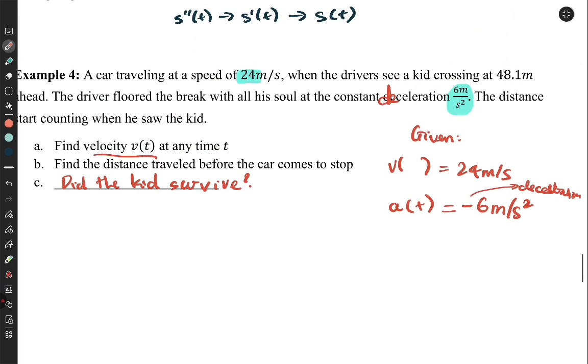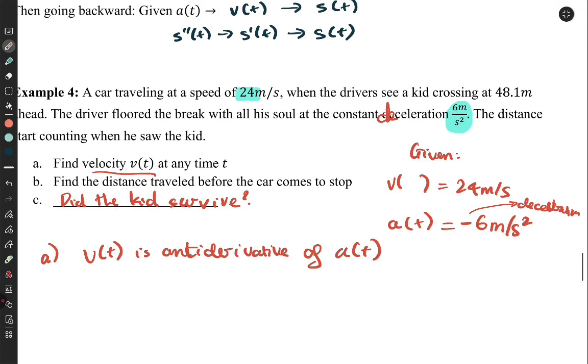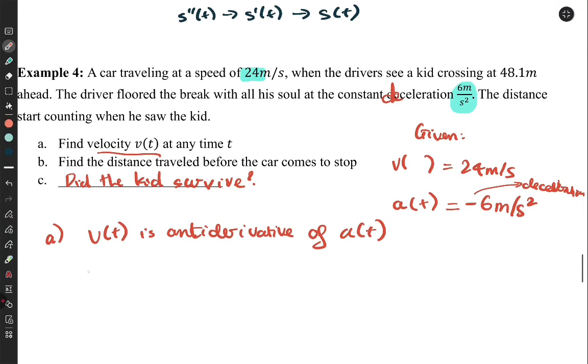Find the velocity. You have the acceleration. What do you do? Antiderivative one time. Part A, find the velocity v of t, which is the antiderivative of the acceleration, and the acceleration is negative 6.